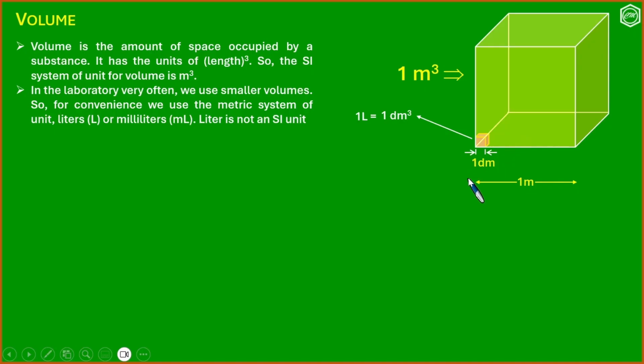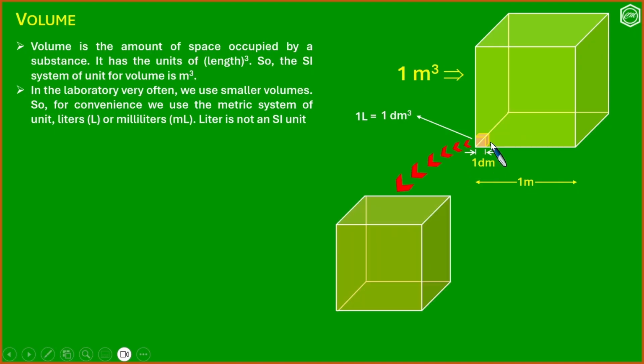And let us expand this small cube. So the side is 1 decimeter and volume is 1 decimeter cube, that is 1 liter. Again, imagine a small cube within this cube and let the side be 1 centimeter.